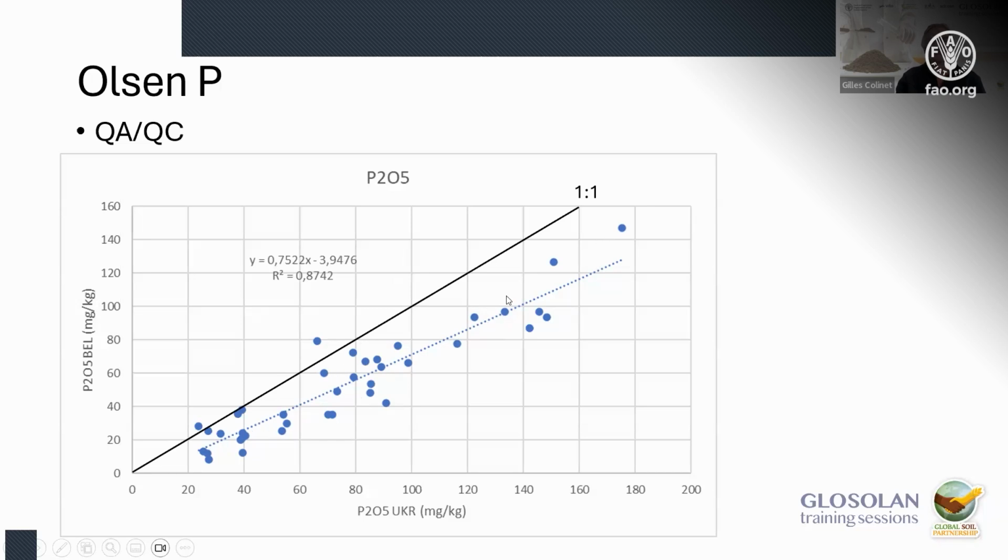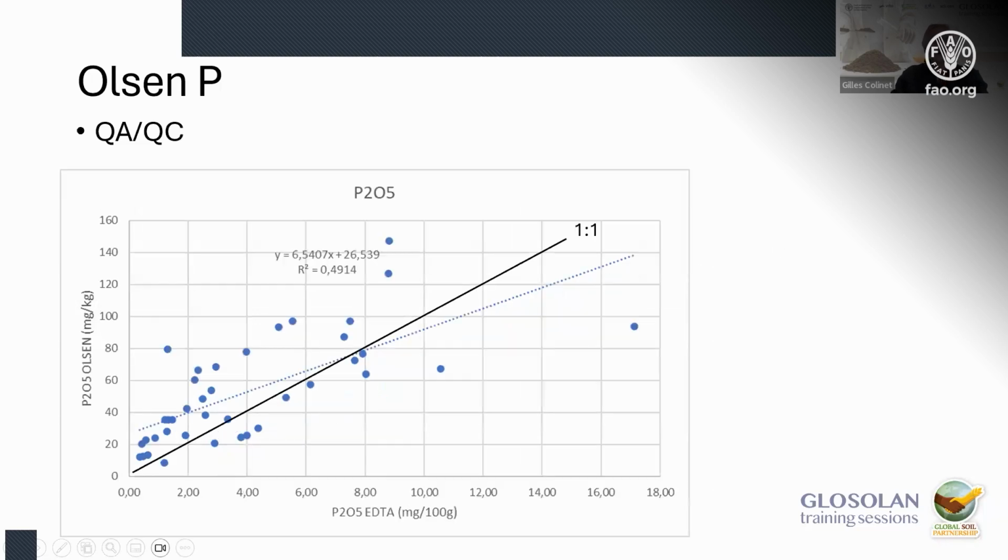So the slope is less than 1 here. So it means that there are differences between both methods, and these differences are increasing with the absolute value.